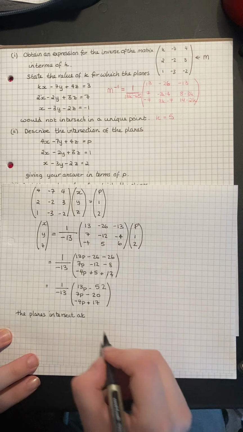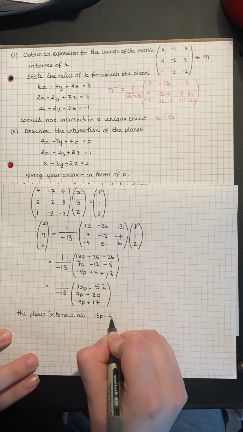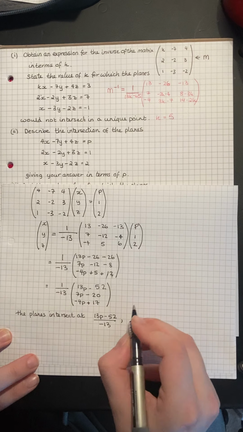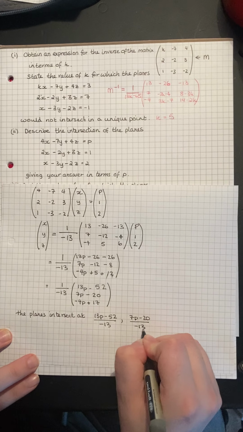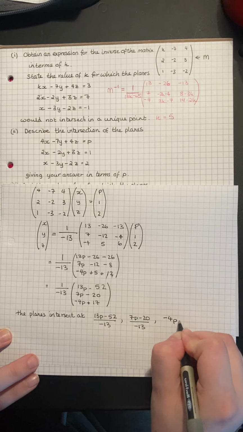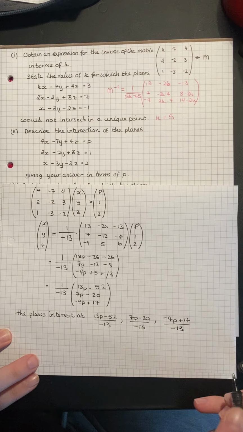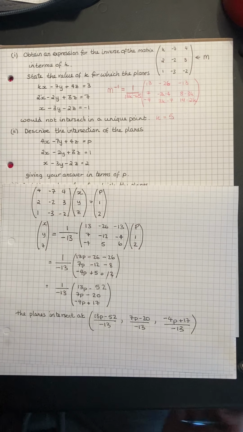Yes, it will be a messy coordinate, but that's fine. 13p minus 52 over minus 13, the x coordinate. 7p minus 20 over minus 13, that's the y coordinate. And minus 4p plus 17 over minus 13. So that's our coordinate of intersection. Okay, and that is your answer to part 2.